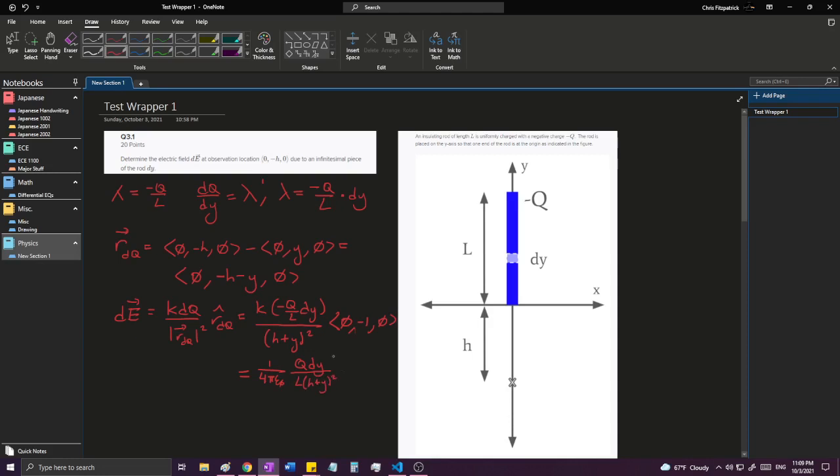And this is in the positive y direction. Written out in vector form would be: 0, 1 over 4 pi epsilon 0 times q dy over L h plus y squared, 0. So that is part 1.